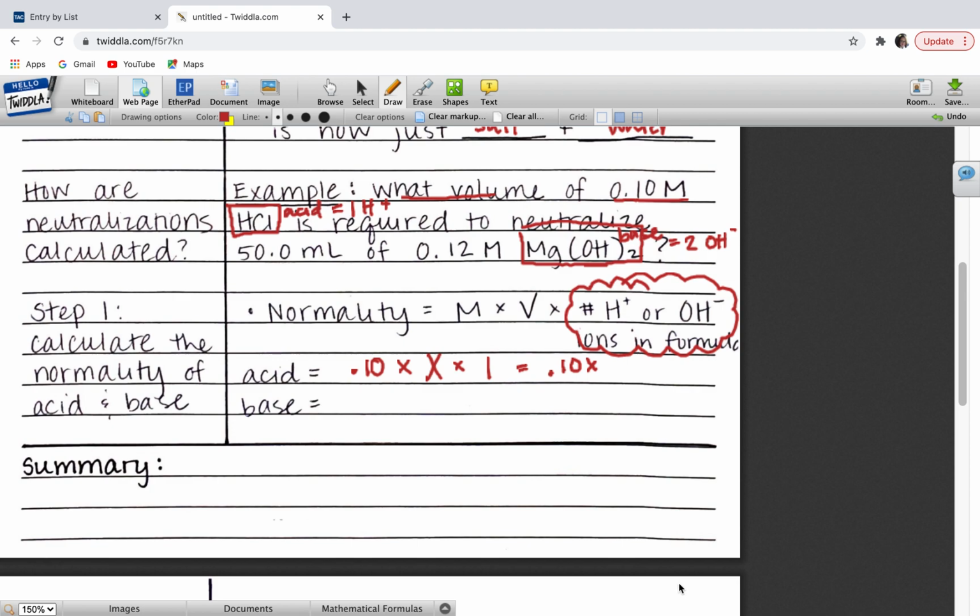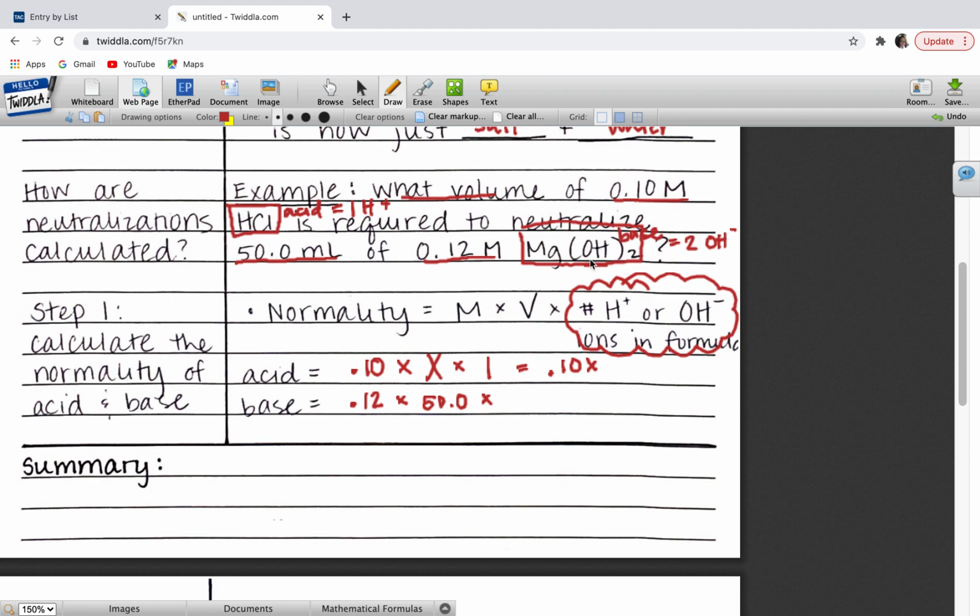Same idea for the base. Let's figure out how much hydroxide we've got. Molarity of the base, they gave us that. It's 0.12. They also gave us the volume. They said we had 50 milliliters of this magnesium hydroxide. So I'm going to put 50.0 there. And then we figured this out by looking at the chemical formula.